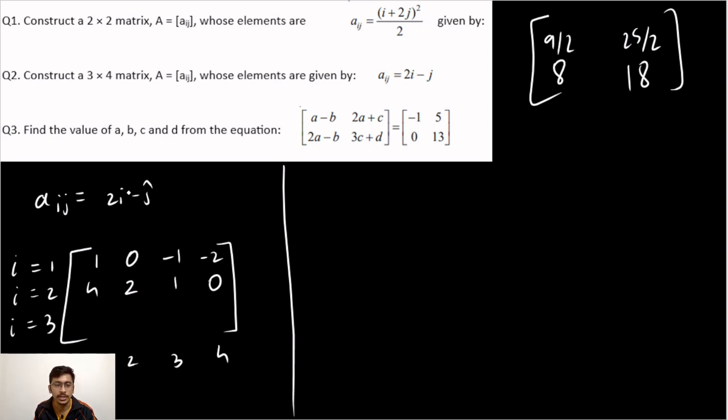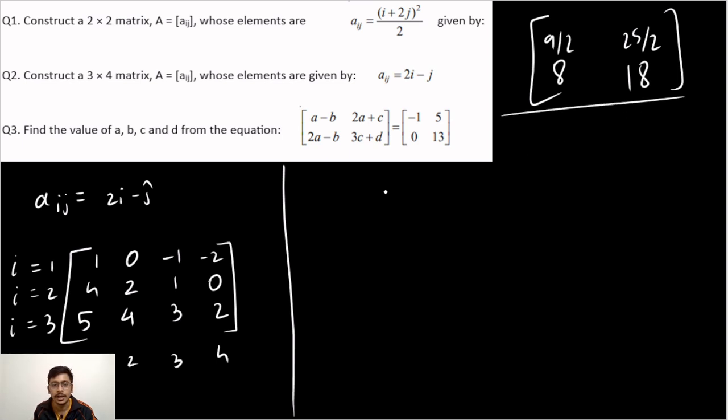Then let's put 3, 3 2s are 6, 6 minus 1 is how much? 5. Then we'll get 6 minus 2 is 4, 6 minus 3 is 3, 6 minus 4 is 2. So this is the answer of the second question.